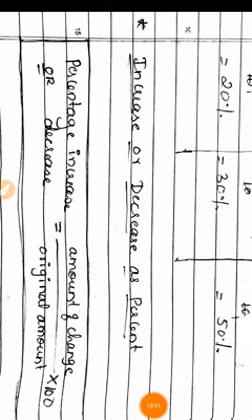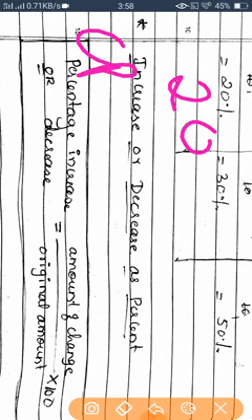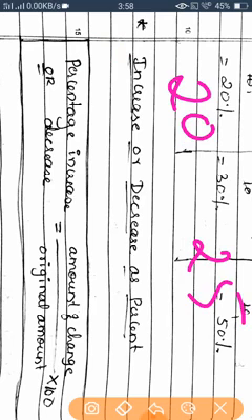Now increase or decrease as a percent. See, whenever, we can take the price of a book was 20 rupees. I bought a book for 20 rupees, then I sold it for 25 rupees. So it becomes an increase.